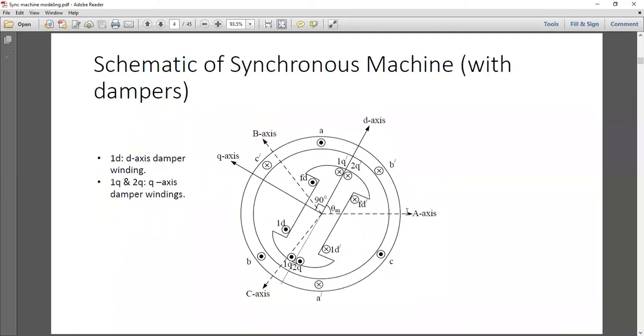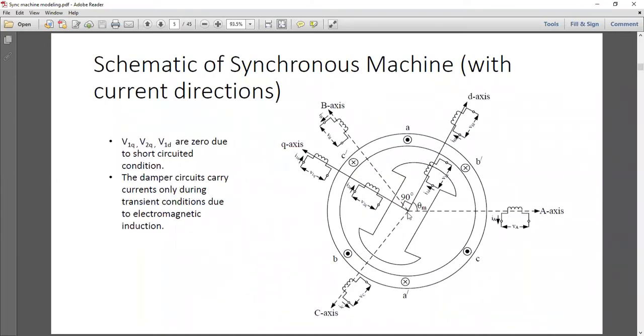And then we went through some more complex schematics of the synchronous machine, where we introduced two more sets of damper windings along the Q axis and one additional set of windings along the direct axis. And then we went through the coil representation.